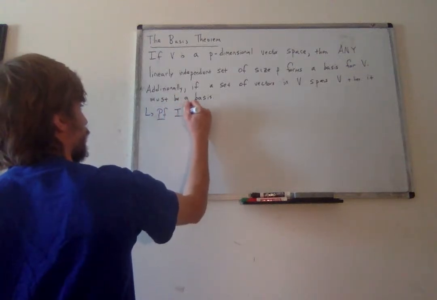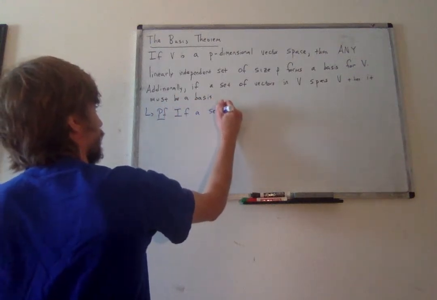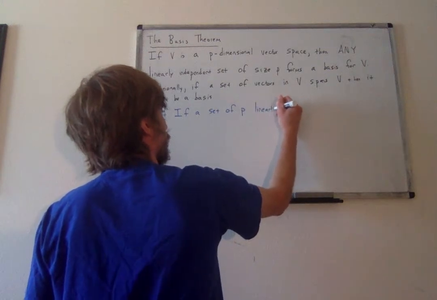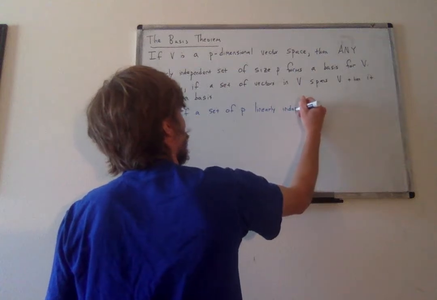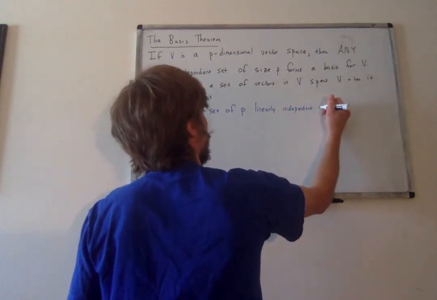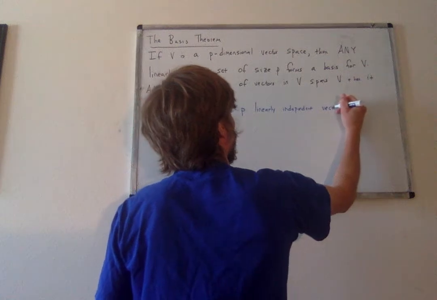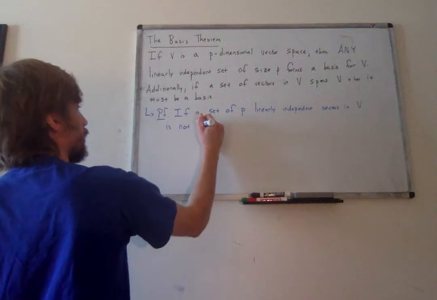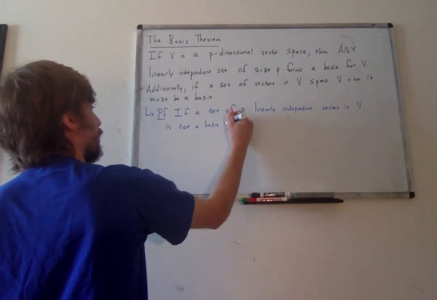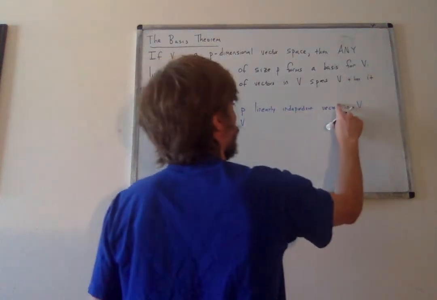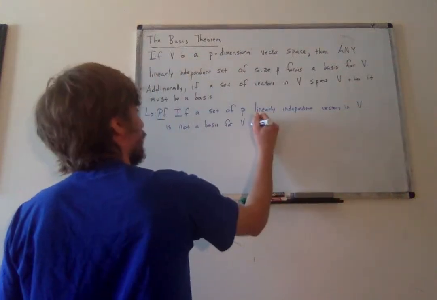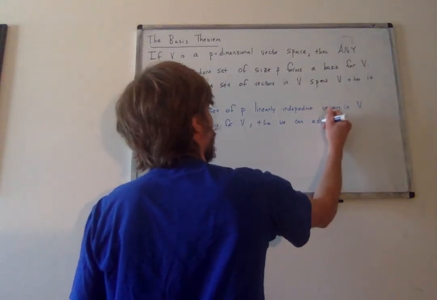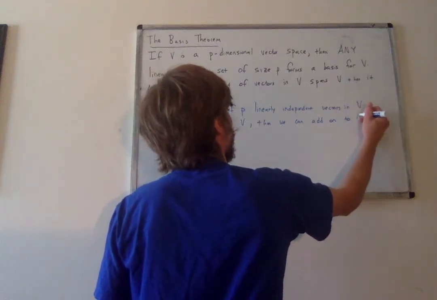So if a set of p linearly independent vectors in V is not a basis for V, then we can add on to it by theorem 11.